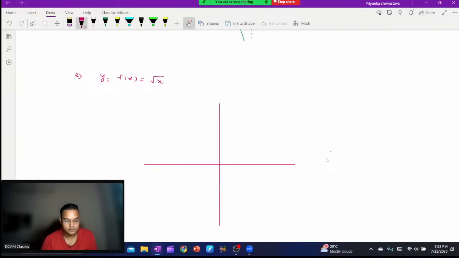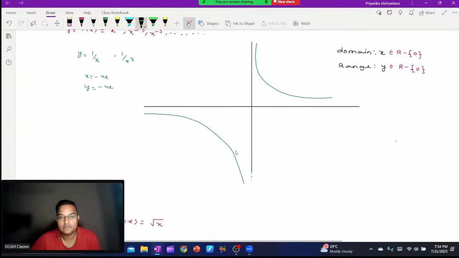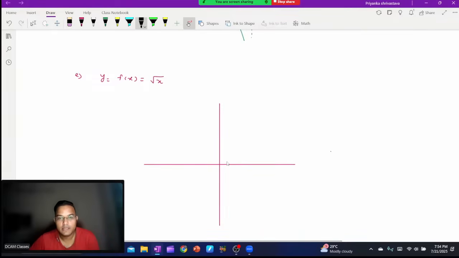So would it be a parabola towards the right? It will be like this.